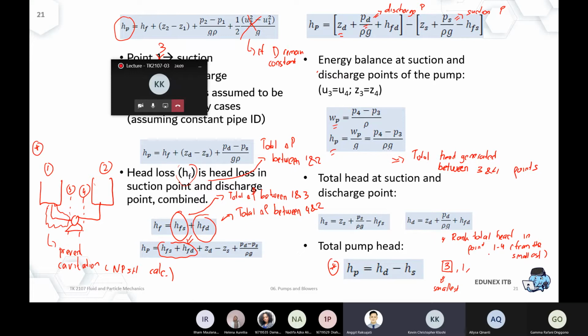Then point 2. Then point 4. Okay, that's the likely order of the head. That should be the highest at the exit point of the pump. That will be the highest total head pressure, and then it will lose some pressure again because of the pressure drop between 4 to 2.